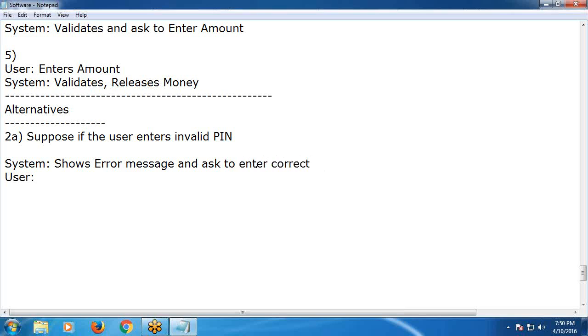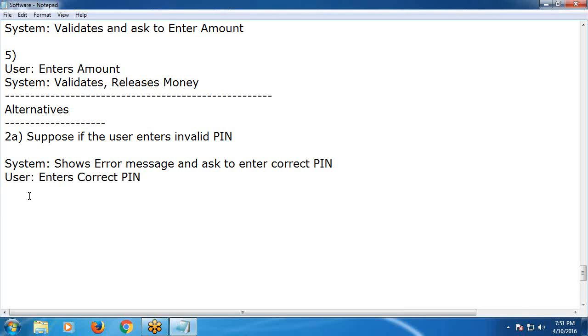Some ATM machines provide 3 attempts. Okay, forget about that. Ask to enter correct pin. Next, suppose user enters correct pin. Then mainstream. Ask for selecting language. Next, account type. Next, amount and releasing the amount.